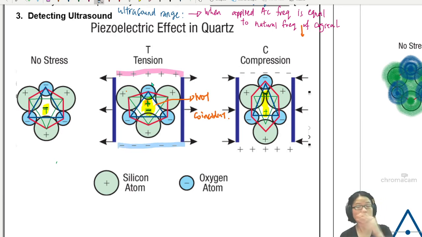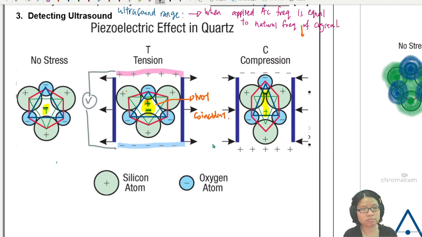So because it's not coincident, when you stretch the crystal, in this case horizontally, we can detect an electric field. So when we set up this electric field, we can measure. We just connect this to a voltmeter or a CRO, and then we can measure. This is a very small voltage, so you need a very sensitive voltmeter.